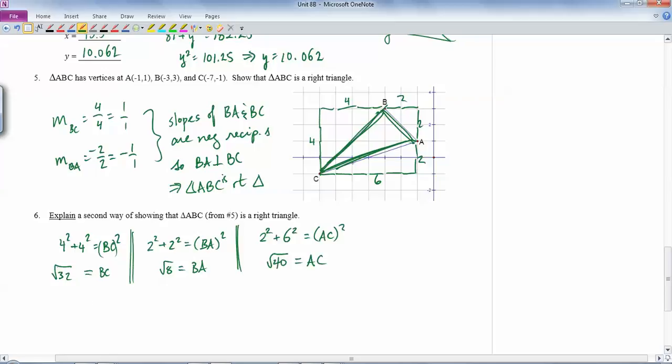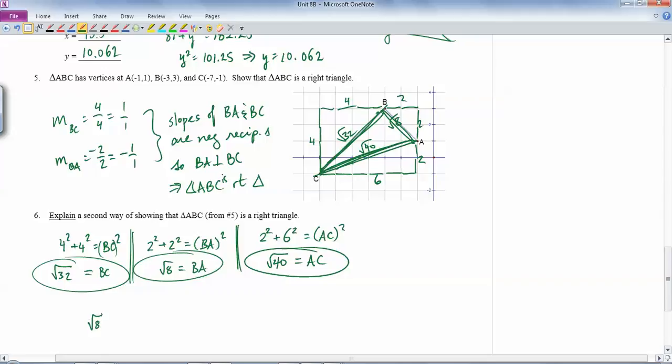And then you check, do these 3 sides form a right triangle? So here's BC, root 32, BA is root 8, and AC is root 40. So we'll plug those guys into Pythag. And the longest side's root 40, so that's going to be the C. So we're checking is root 8 squared plus root 32 squared the same thing as root 40 squared?